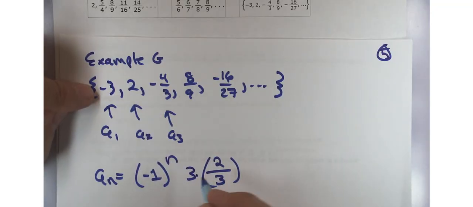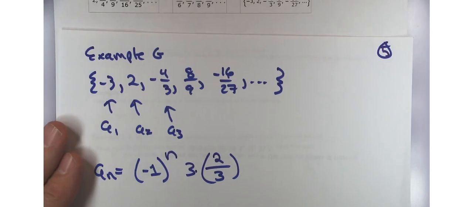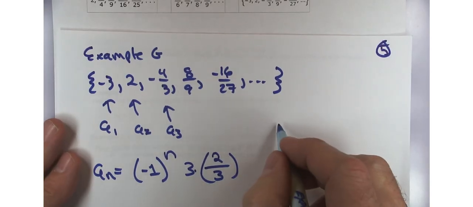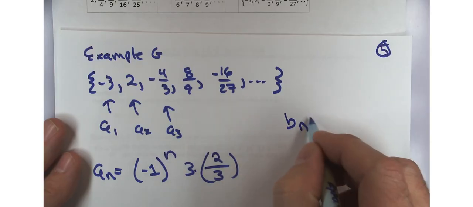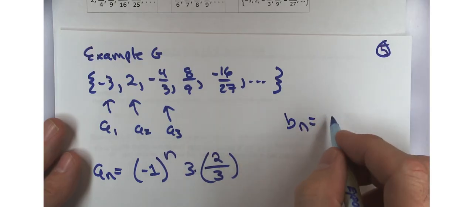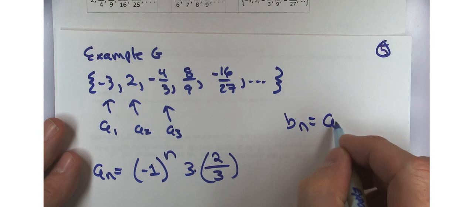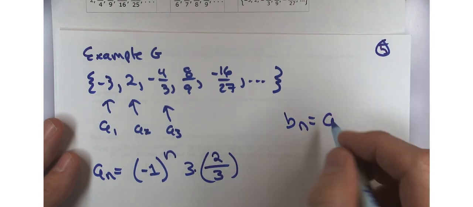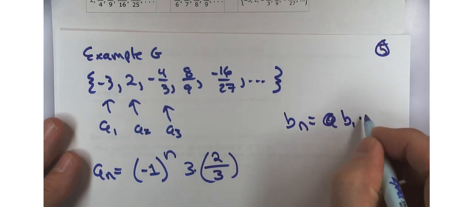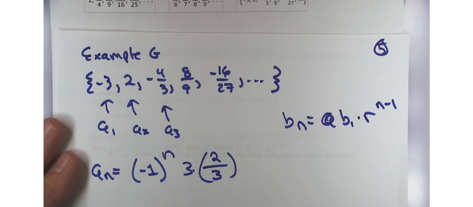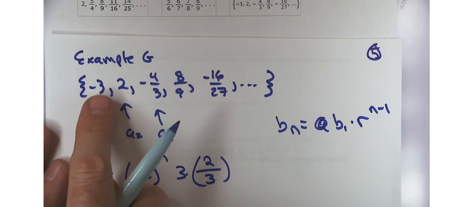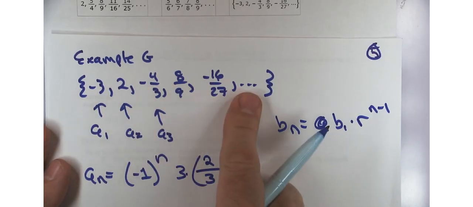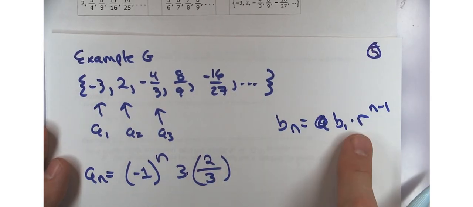So this is a geometric series. You might remember those. The general form of a geometric series, let me call it b sub n, equals b sub 1 times r to the n minus 1. That's going to be the general form of your geometric series. In a geometric series, you're multiplying to get from one term to the next. You're multiplying by this common ratio.